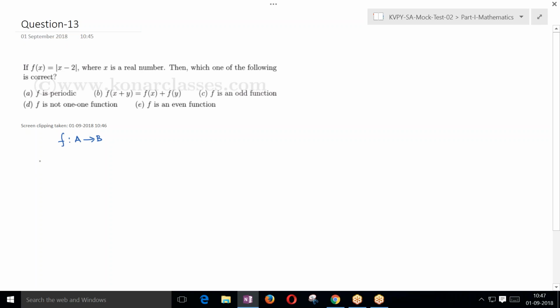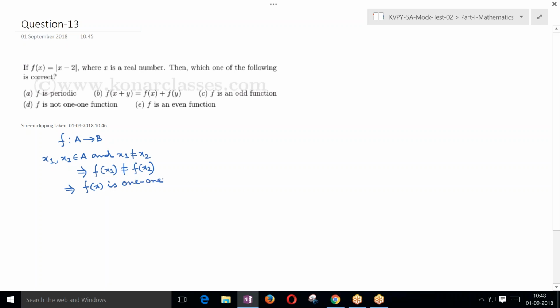If x1 and x2 belong to A and x1 is not equal to x2, that must imply that f(x1) is not equal to f(x2), then we can conclude that the function f(x) is one-one.